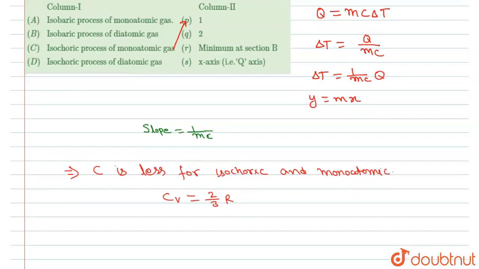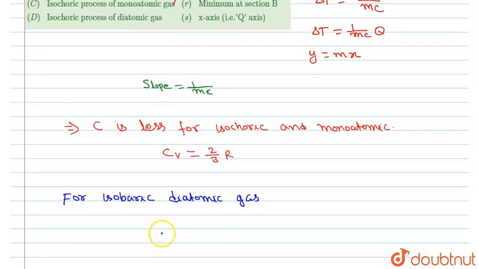For isobaric and diatomic gas, C is the maximum. So for isobaric diatomic gas, Cp is equal to 7 by 2 R. So this is the maximum value.